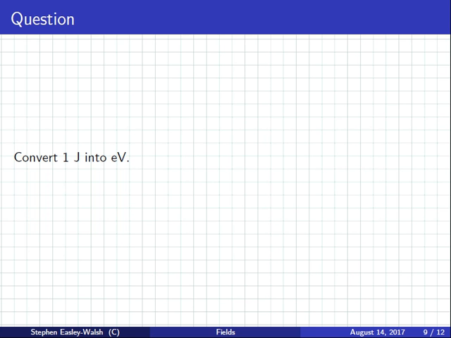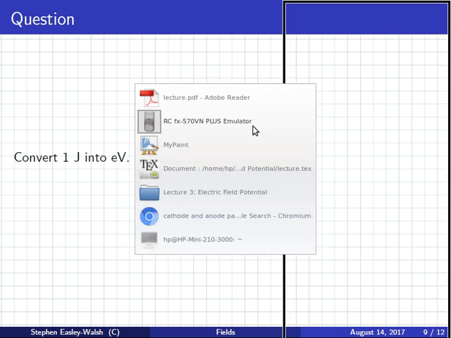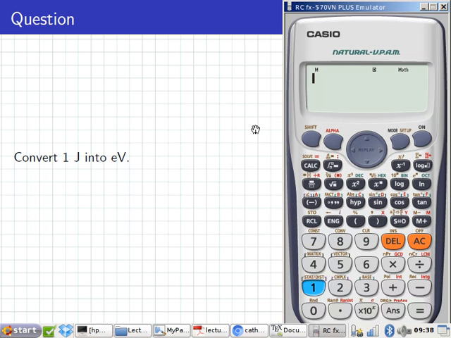Okay, you have an answer there? Lee, what did you get? 6.242 times 10 to the power 18. 18, positive, yeah. Can I just show you on the calculator what you would do is just do 1 divided by constant 23. So that is that answer.